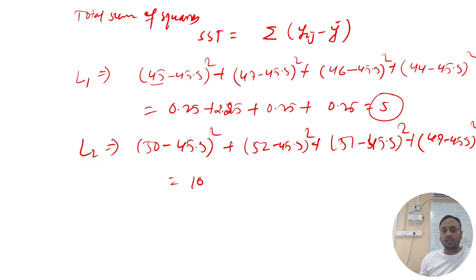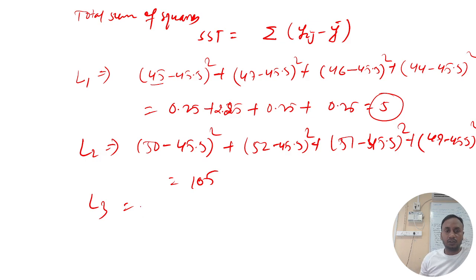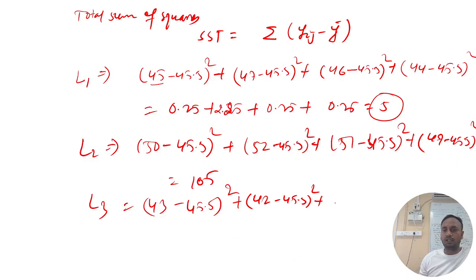If you calculate, it should come to 105. Similarly, we'll go with L3: 43, 42, 44, 41, each minus 45.5. If you calculate, how much will it come?